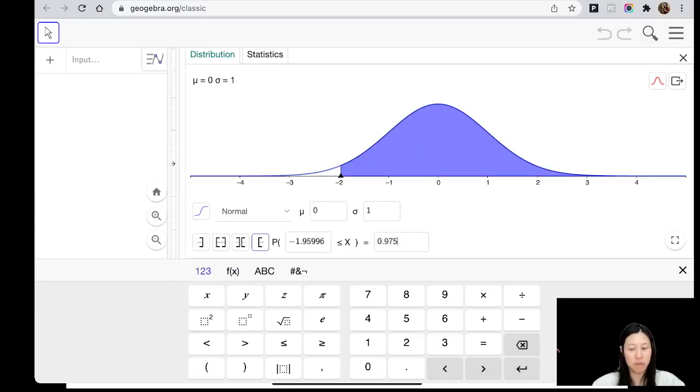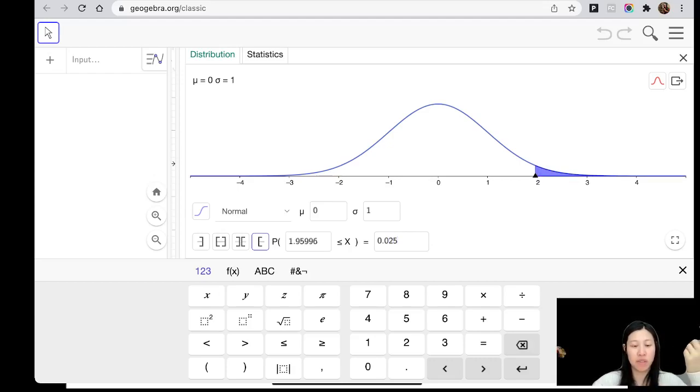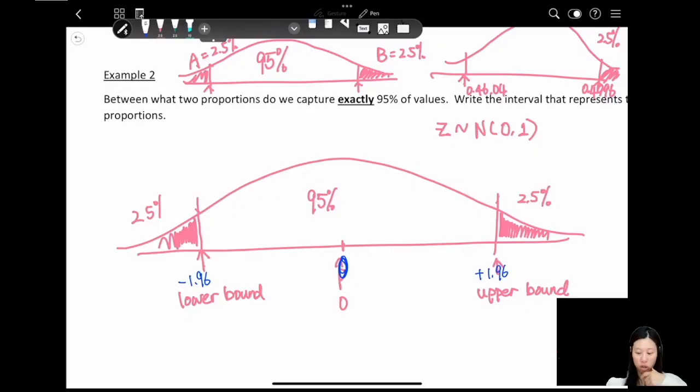So let's find out the left tail of 2.5%. Where's the cutoff value? We round to 2 decimal places, so we end up with a positive 1.96. So that means if we want 95% of the value of a standardized normal distribution, we want it to be within 1.96 standard deviations above or below the mean.